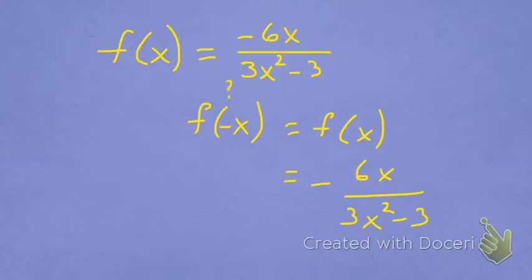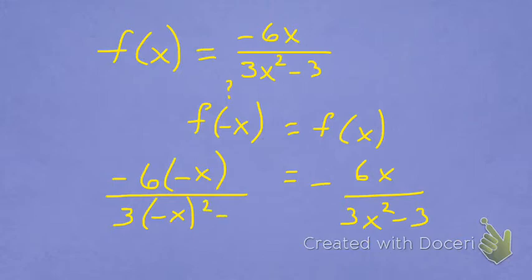That means we're going to place a negative x everywhere we see x, meaning here and there. So that is a negative 6 times a negative x, and down low, 3 times a negative x squared, take away 3. If this function is even, then the left will look exactly the same as the right.